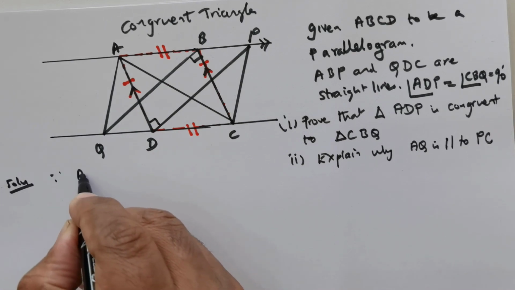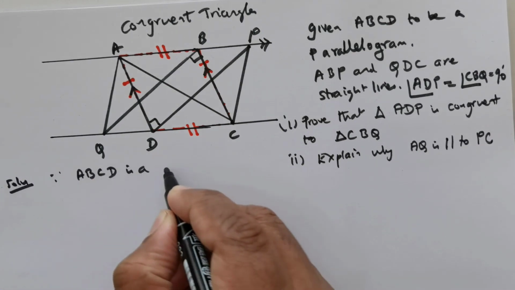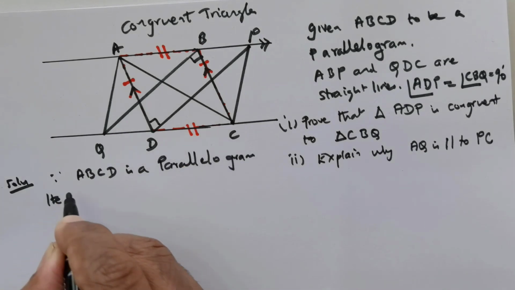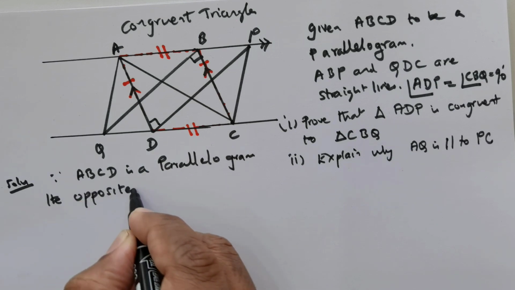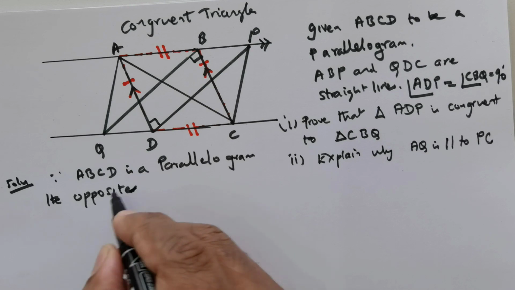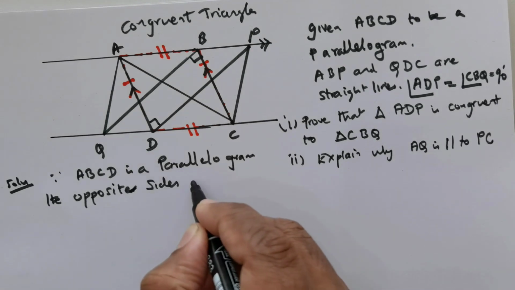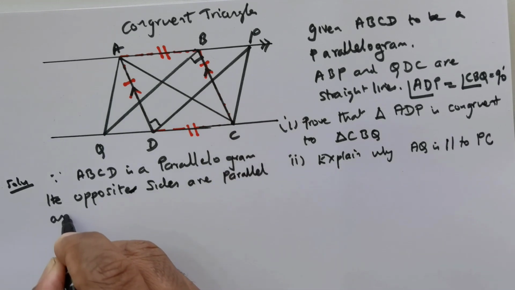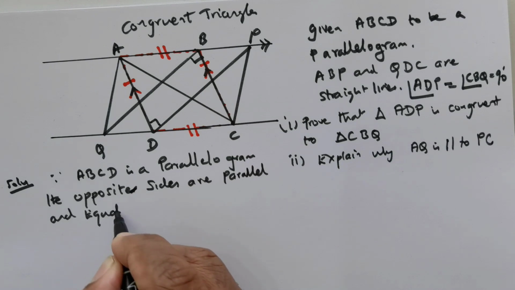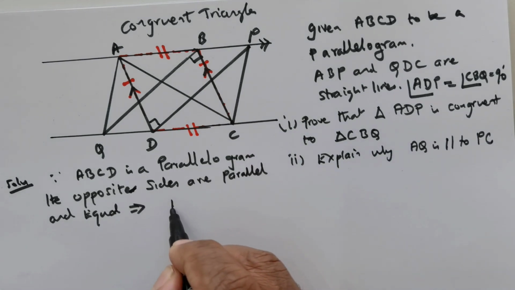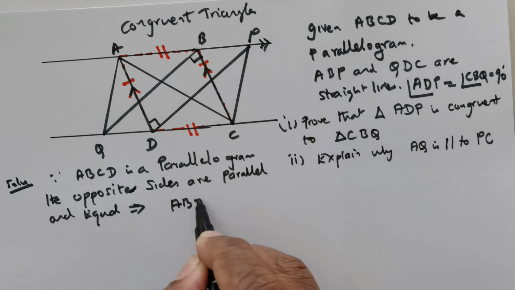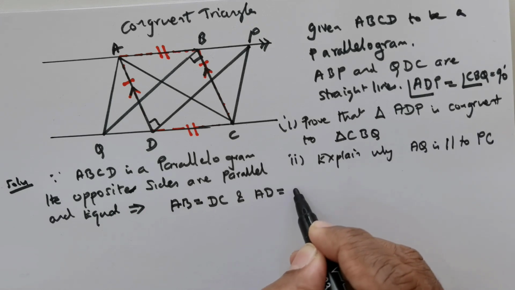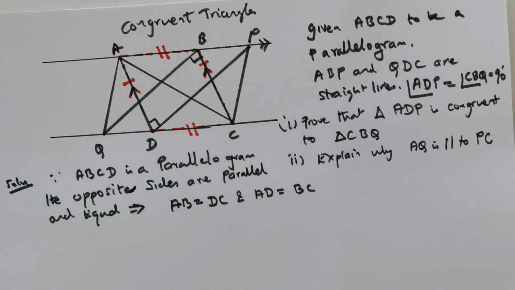Since ABCD is a parallelogram, the opposite sides are parallel and equal. So this means AB is equal to DC and AD is equal to BC. So that's the first observation we have to draw.